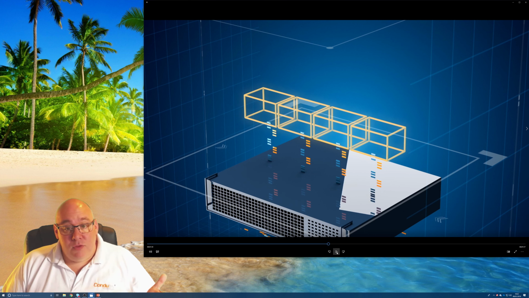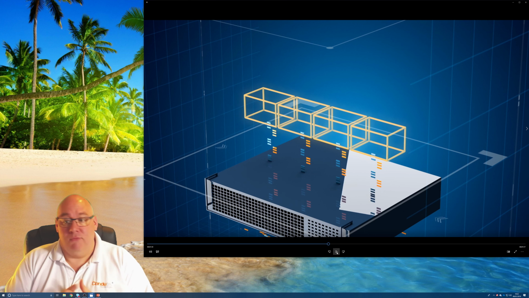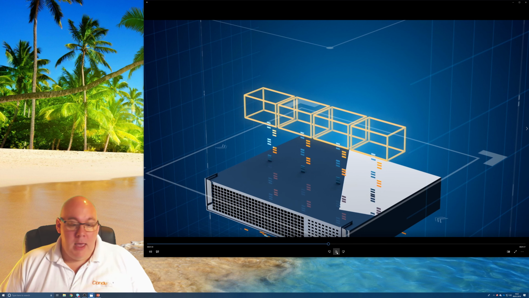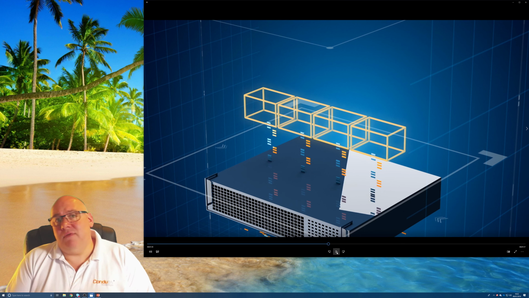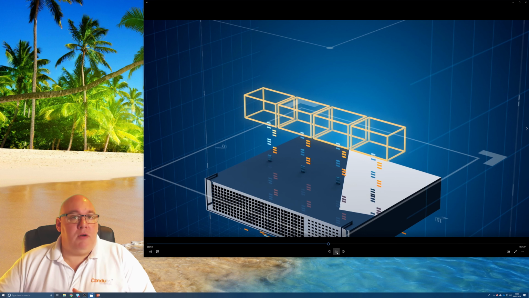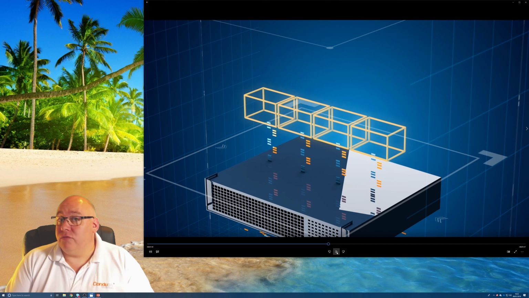It also might mean that you can keep that same hardware running for a longer period of time. Now, I'm not saying that you will never ever have to buy more hardware, but you might not have to do that technology refresh quite as soon as you first thought.